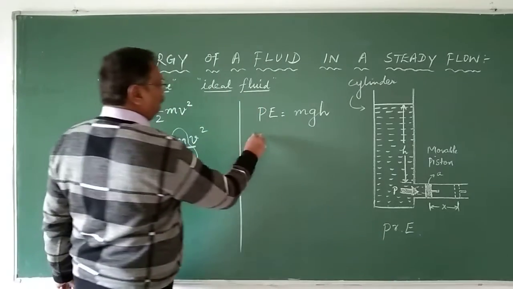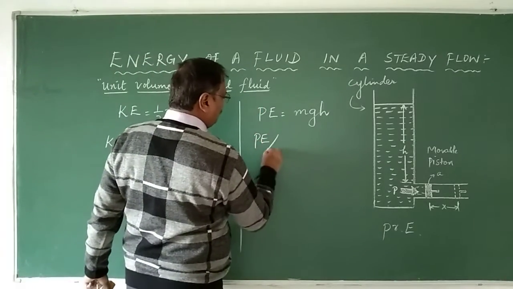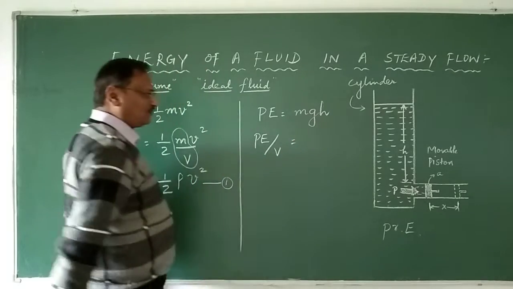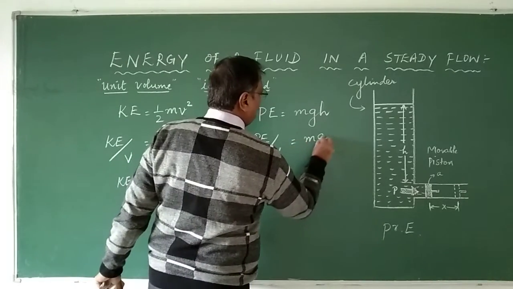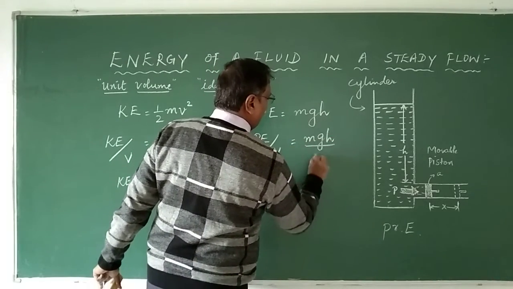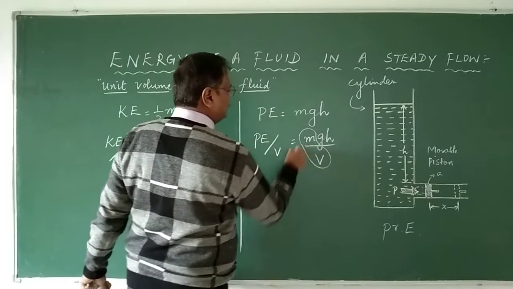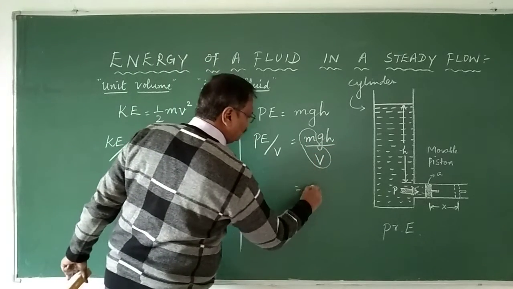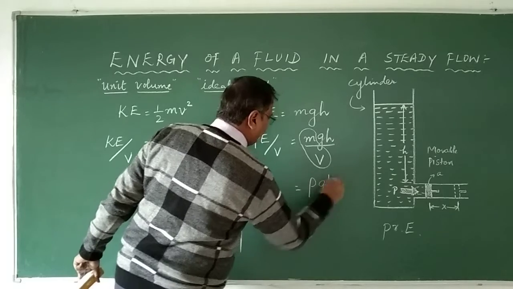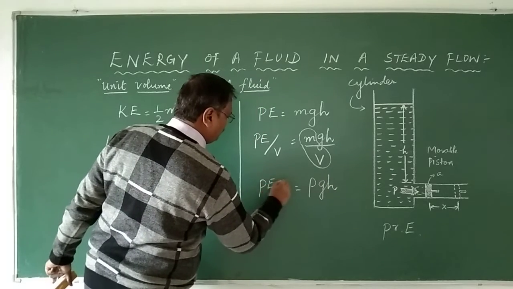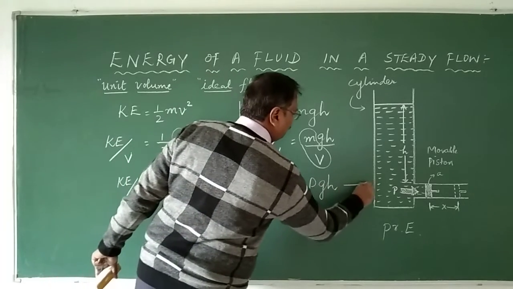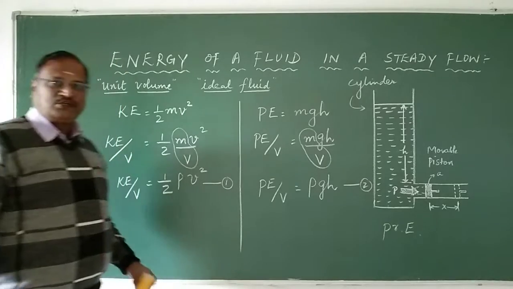Now we want potential energy per unit volume, that is equal to mgh upon capital V. Once again, mass upon volume is equal to density, so rho g h. This is potential energy per unit volume. We will call this equation number 2.